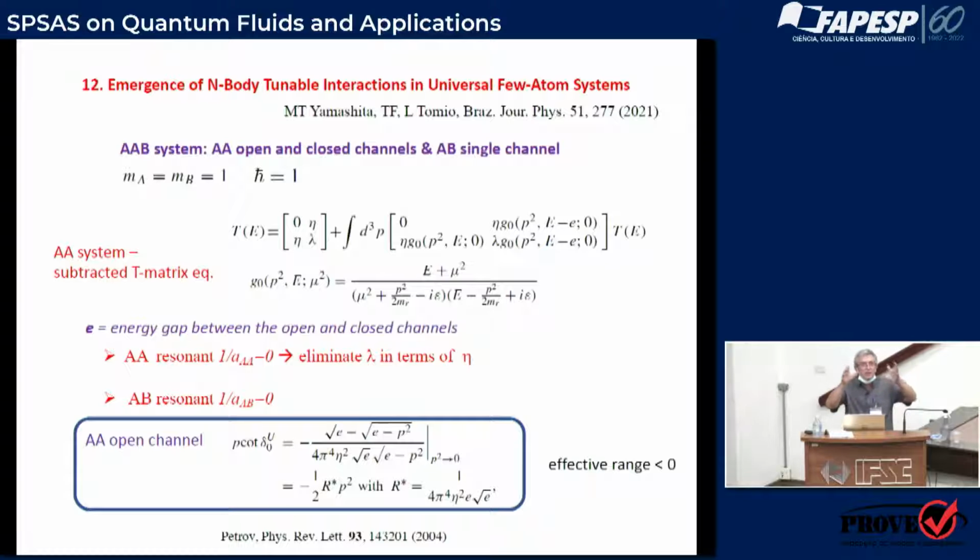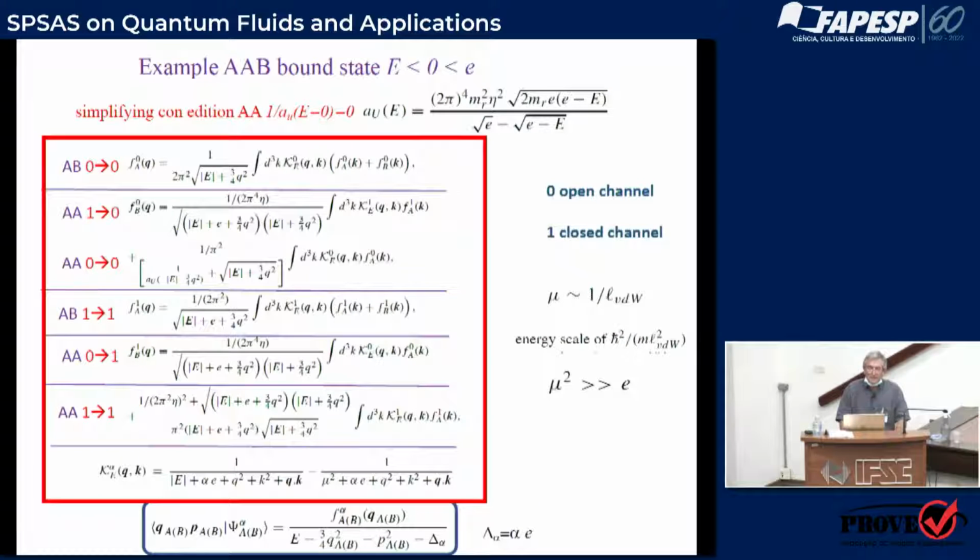And indeed, if you look to the scattering, if you have seen some Feshbach resonance, you can see regions of positive and negative effective ranges. And this coupled channel just gives you that. Okay, so now these are the equations we have.